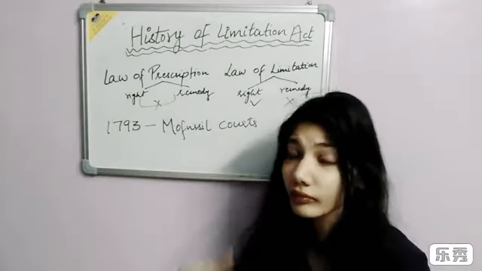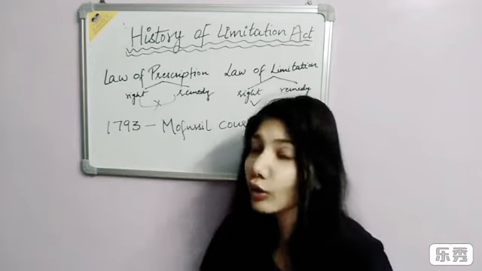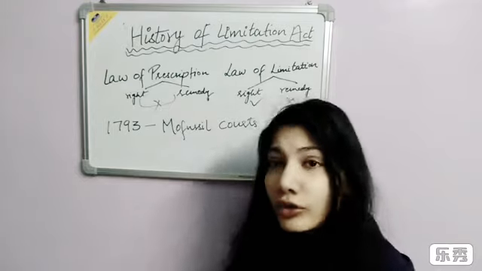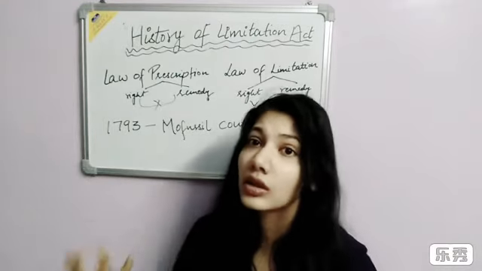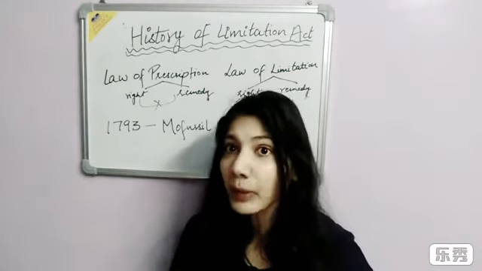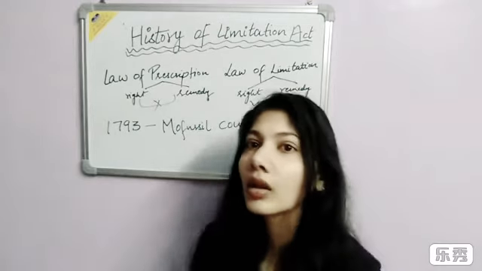So in the customary law, there was only the law of prescription and there was no rule which governed the law of limitation. So in 1793, many rules and regulations were passed for the fixation of limitation.